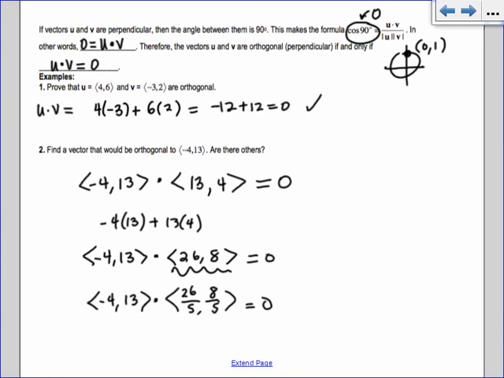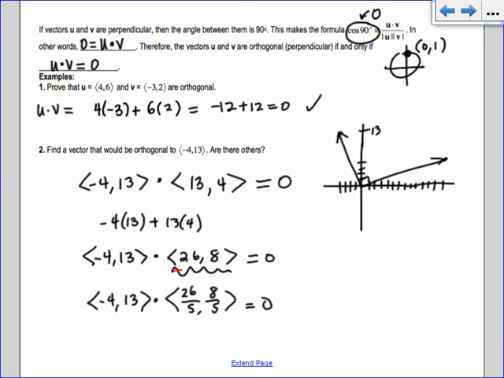Because basically all we're doing is we have the same vector. So if I sketch it out, I have -4, 13. Let's do 13 here. That's my original vector. And 13, 4 is here, and they are perpendicular to each other.